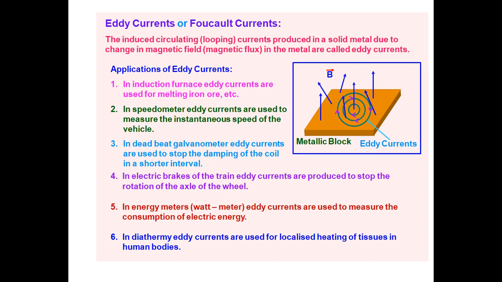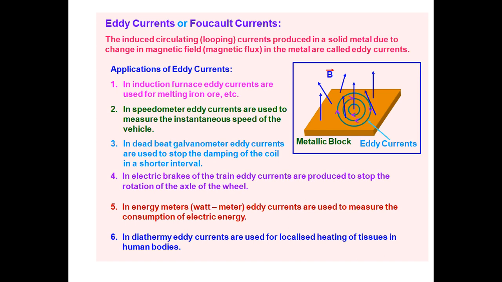These are the currents induced in massive conductors when the magnetic flux linked with the conductor changes.